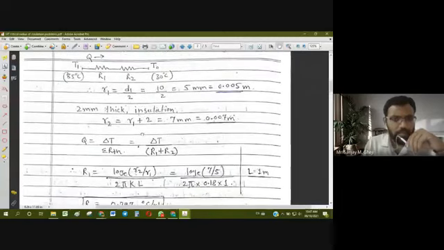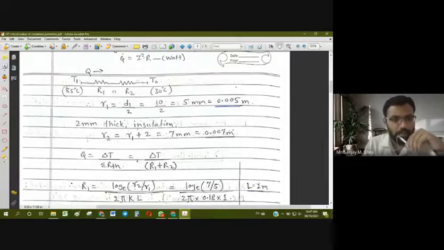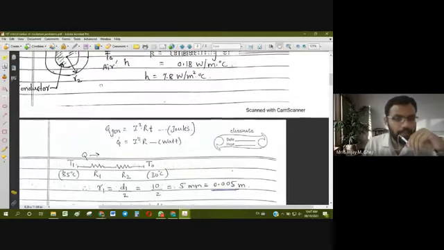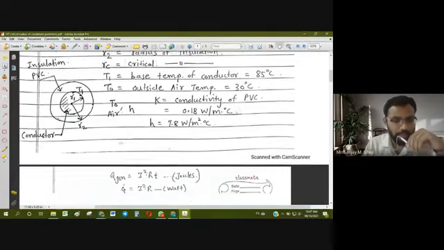Now we can construct an equivalent thermal circuit in this form. Here we are considering only conduction through the insulation and convection through the air. Only two resistances we will take.